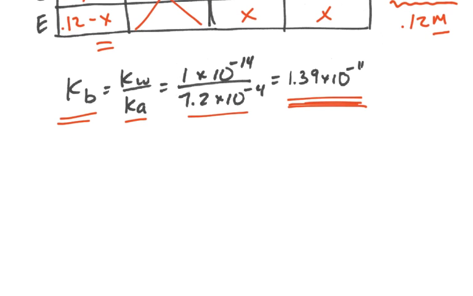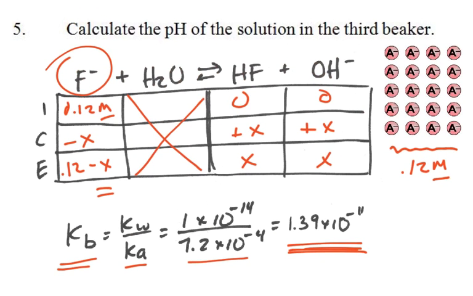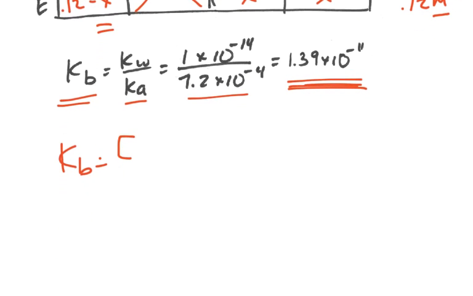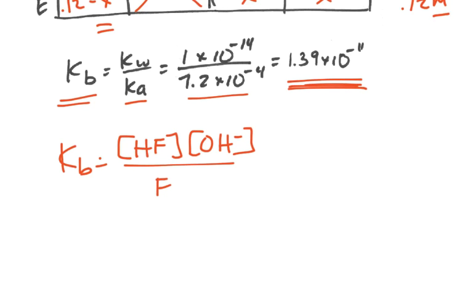So the Kb is the concentration of HF times OH minus over F minus, and that equals 1.39 times 10 to the negative 11.